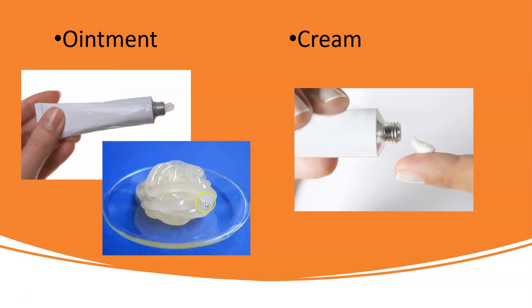So you're going to usually have an oily surface with an ointment, but the cream could actually rub into the skin. These are known as semi-solid emulsions. An emulsion is when you're mixing two things together that don't usually mix, but we're able to keep them together. So both of these contain oil and water, but the ointment has more of the oil and the cream has more of the water.